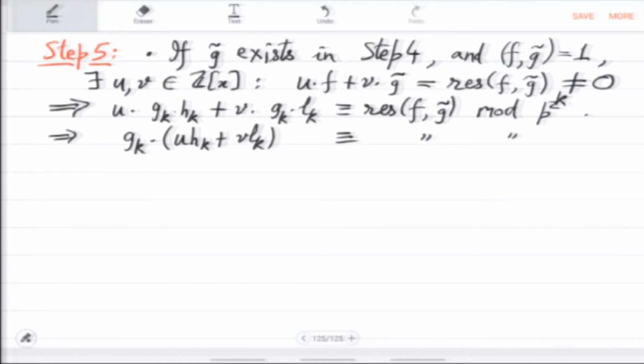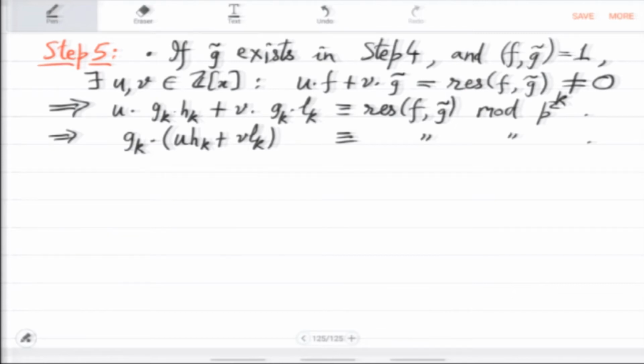So you get this. RHS I have not changed, LHS we see that GK divides. Now this is absurd because on the RHS you have a number and on the LHS you have a polynomial which is non-constant because GK is non-constant.